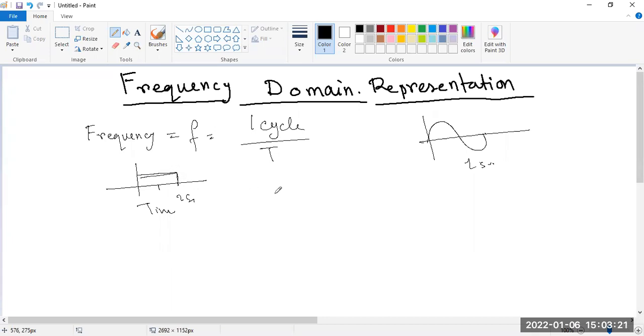But in the frequency domain, you have to represent it just like this. This is your frequency domain. Say there is a static signal, that is called a DC signal.